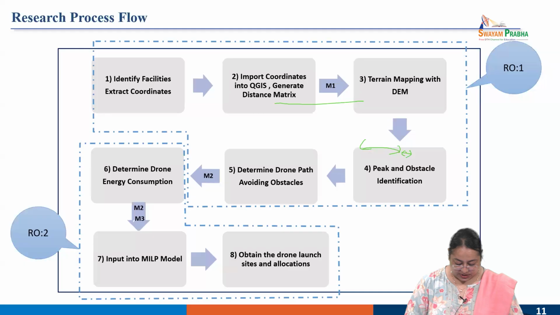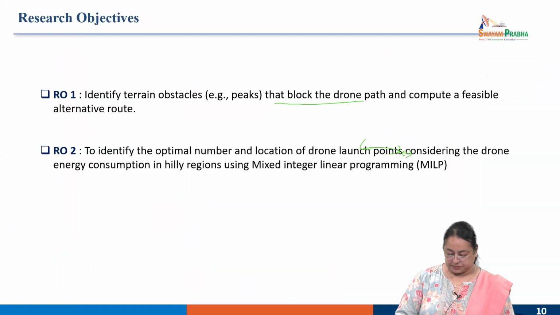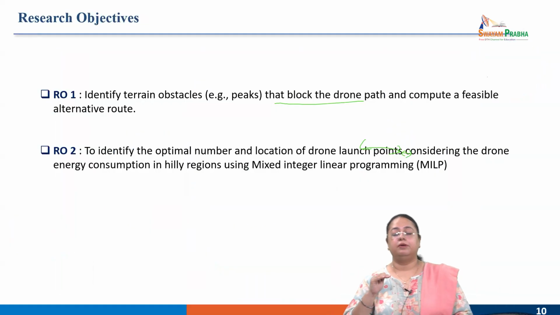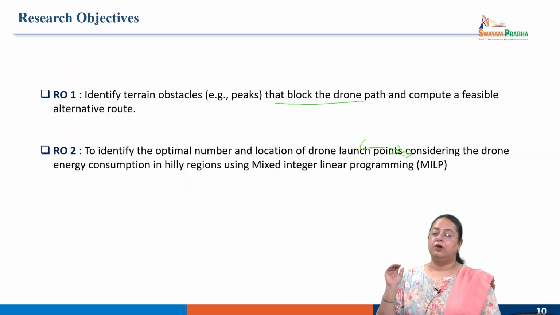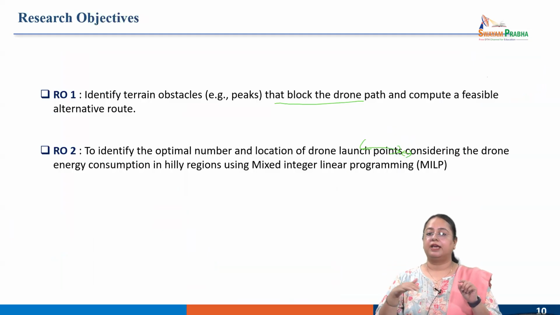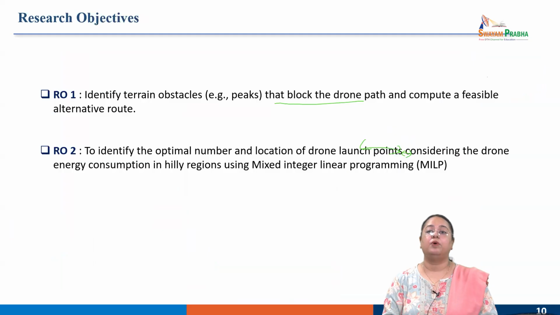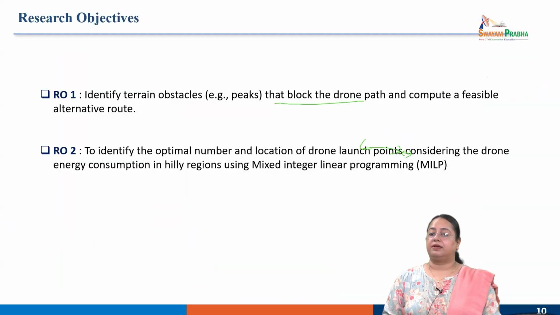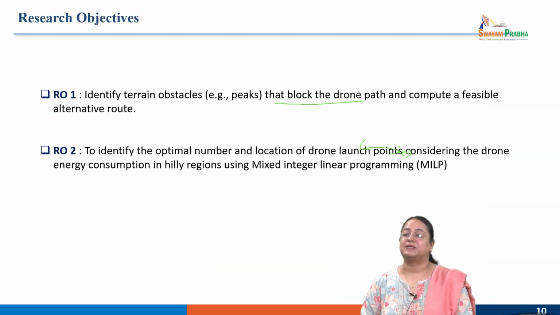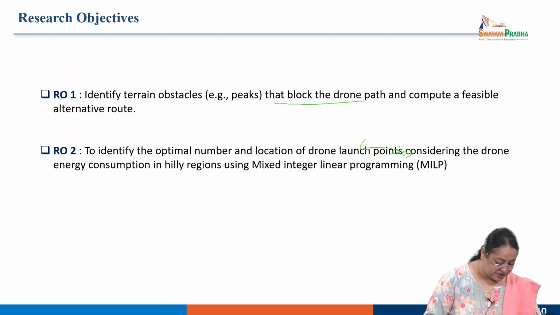The challenge was that if we deploy a drone from one point to another point, there can be a peak in between. How do we identify that, right? Given the peaks and the terrain, how are we going to cluster?